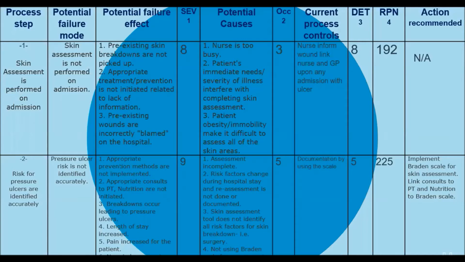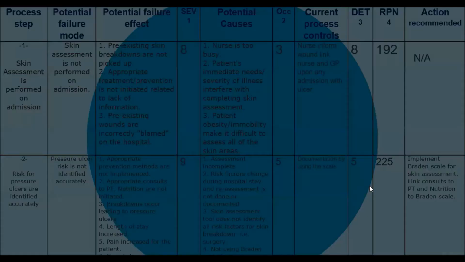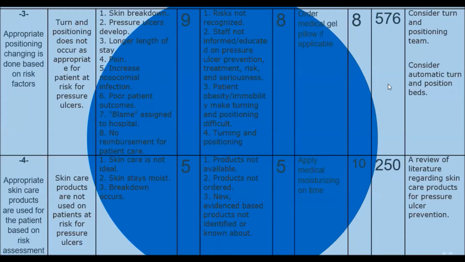After making FMEA, what is the most important risk factor that has the highest risk priority number? Step 3, please bring it, Mr. Mahmoud. Changing position based on risk factors. Here's step 3. Yes, excellent. Step 3 in the 4 steps is appropriate positioning changing. Excellent, Miss Islam. Next.